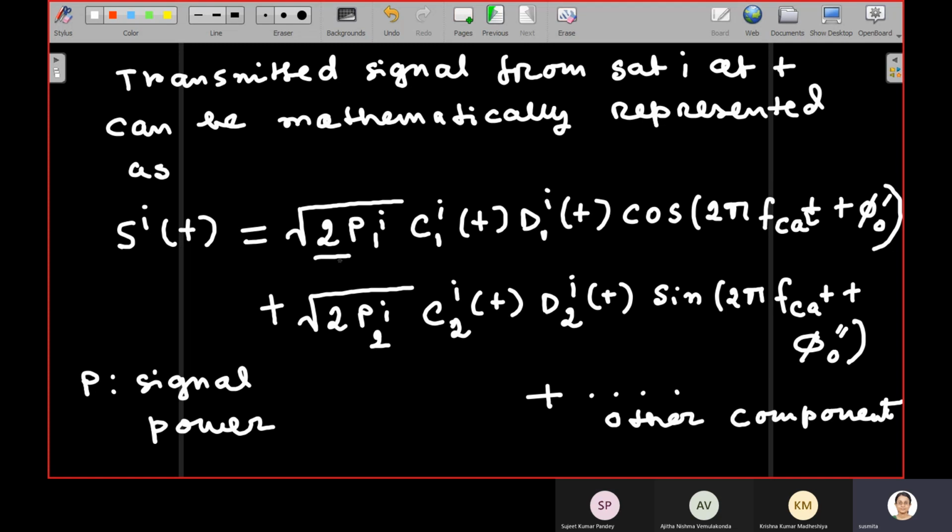So P is the signal power, and this first component we call the quadrature component, and the second one we call in-phase. There are other components as well. They are also put in quadrature and in-phase, but we have just shown the simplest one.